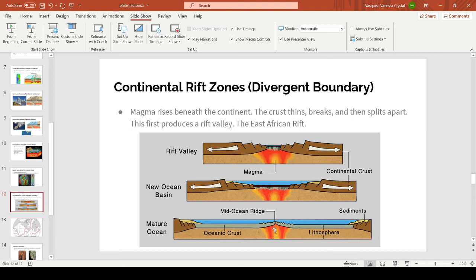And we have again the mid-ocean ridge, which is a great example of the mid-Atlantic ridge and the formation of the Atlantic Ocean that separated the Pangaea continent. So again, an example is the East African Rift, which may eventually in the future create another whole new ocean.